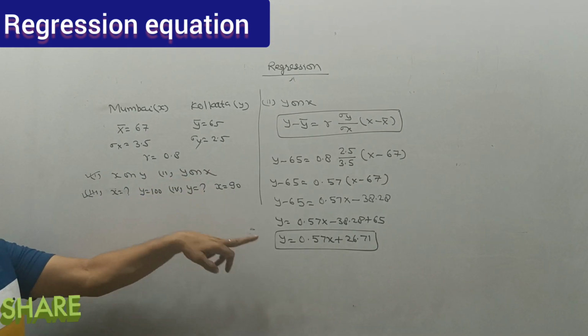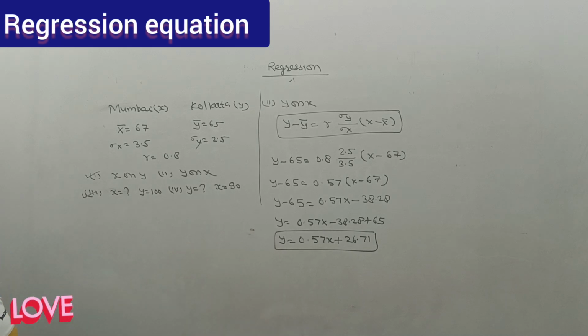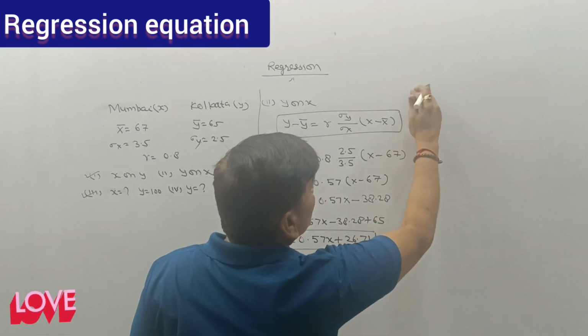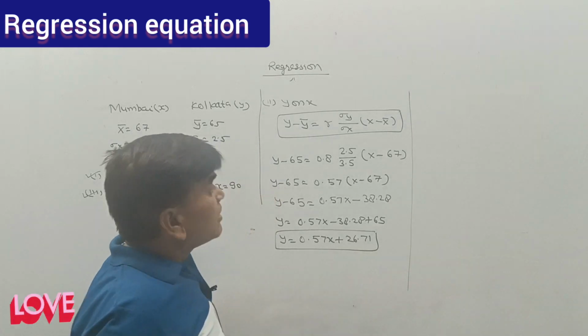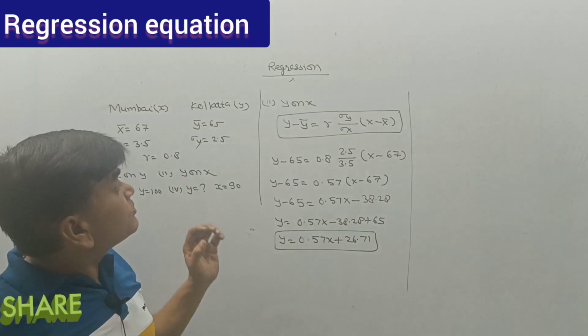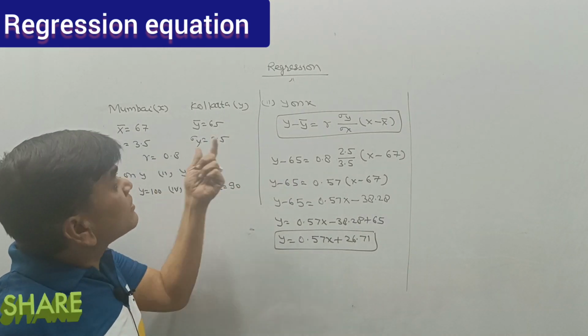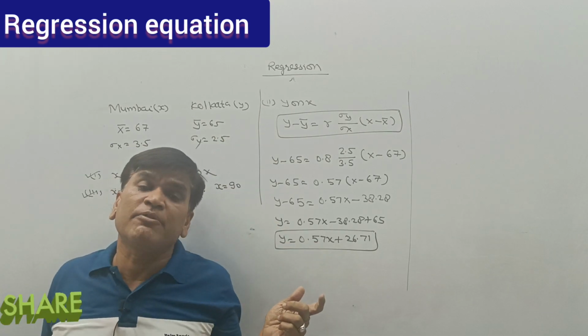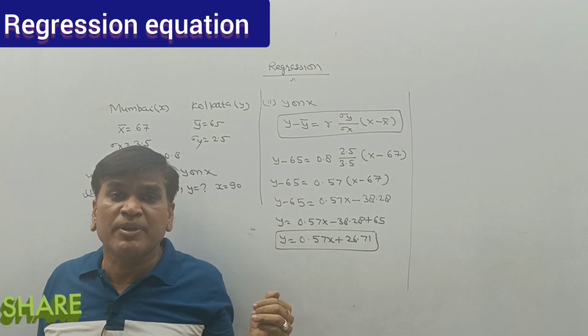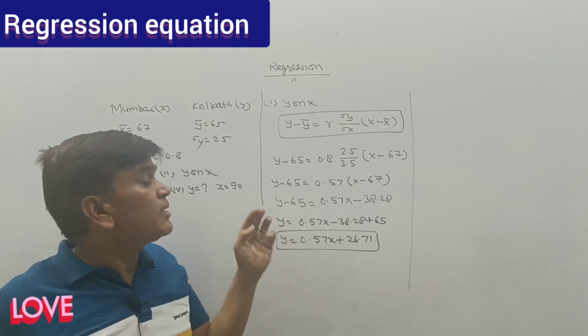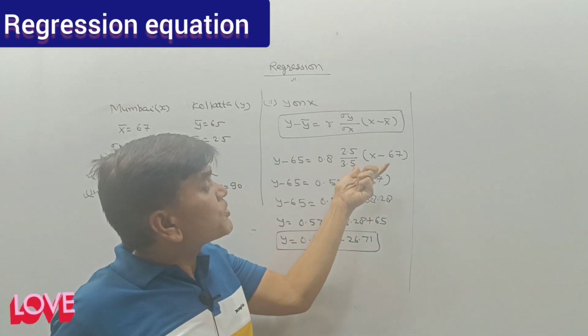Now the value of x is given as 90. Now the fourth question we are to discuss. What we have to do for getting y on x is just write the formula: y minus y bar equals r standard deviation y upon standard deviation x, times x minus x bar. Just put the values.